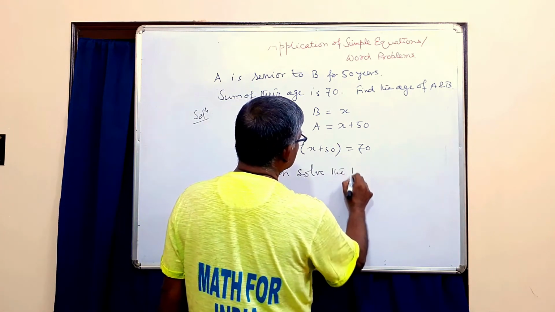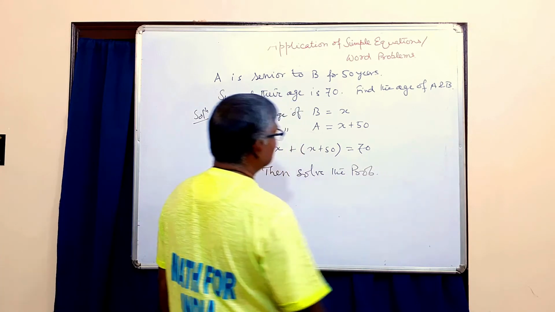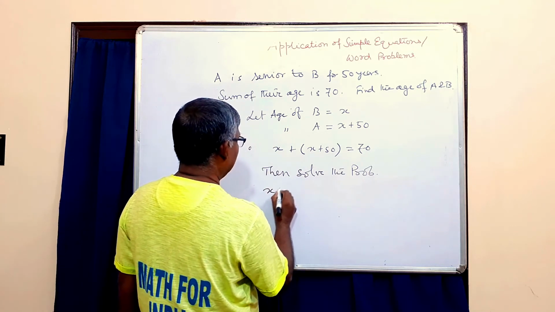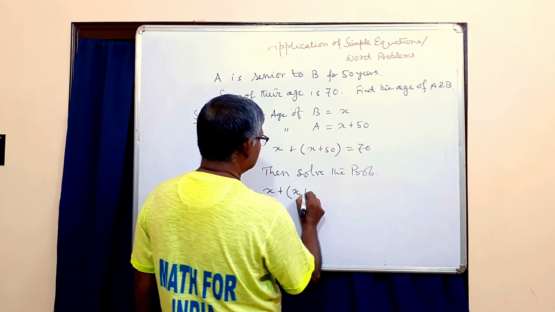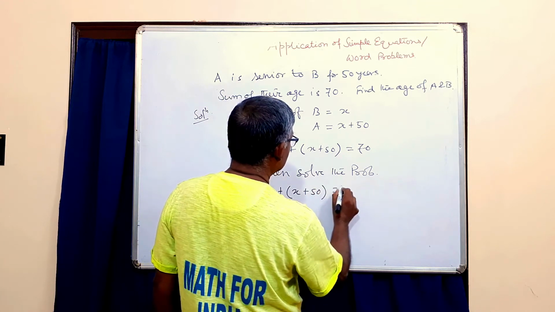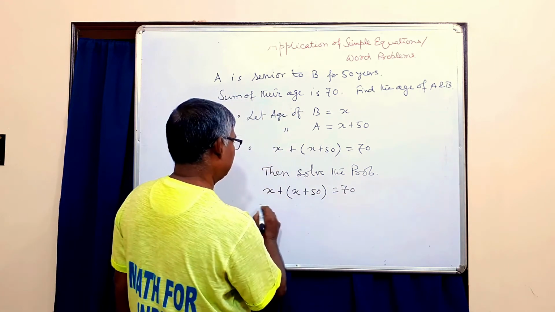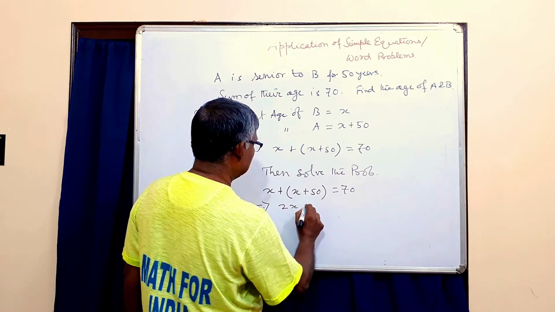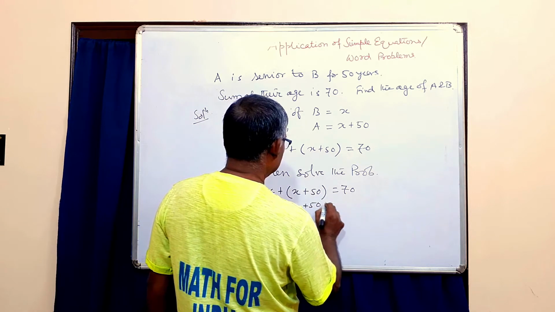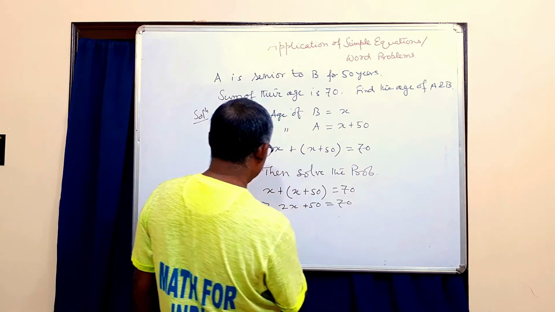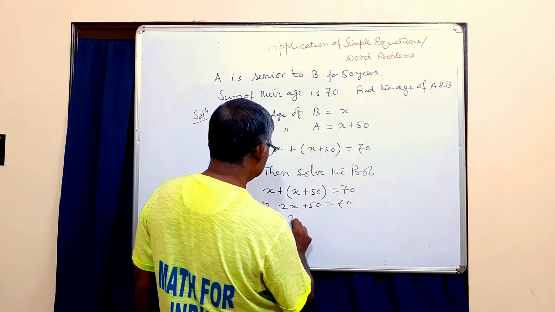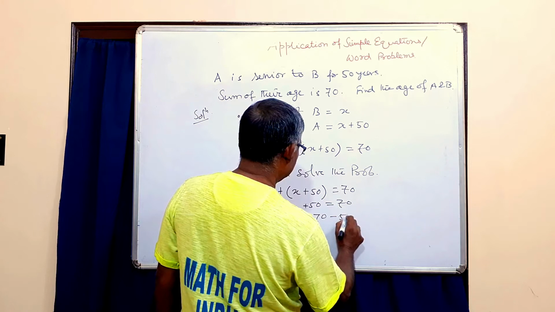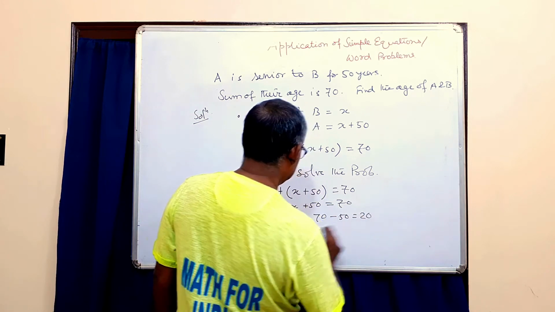Solve the problem. From this part, we can write x plus x plus 50 equals 70. This implies that 2x plus 50 equals 70. This implies that 2x equals 70 minus 50, that is 20.